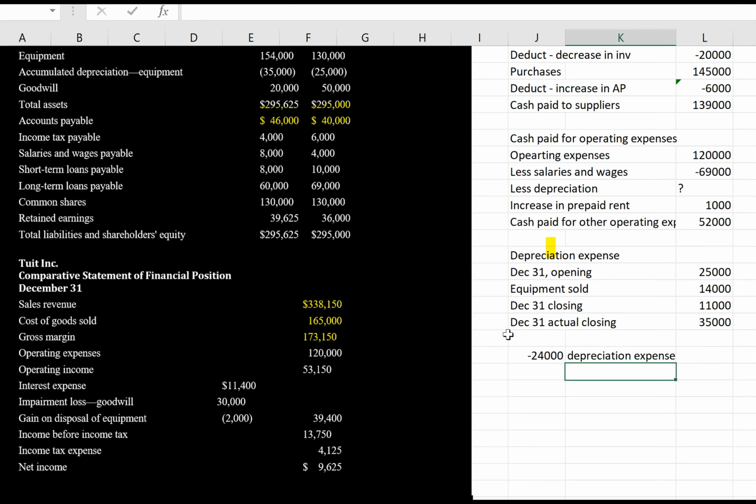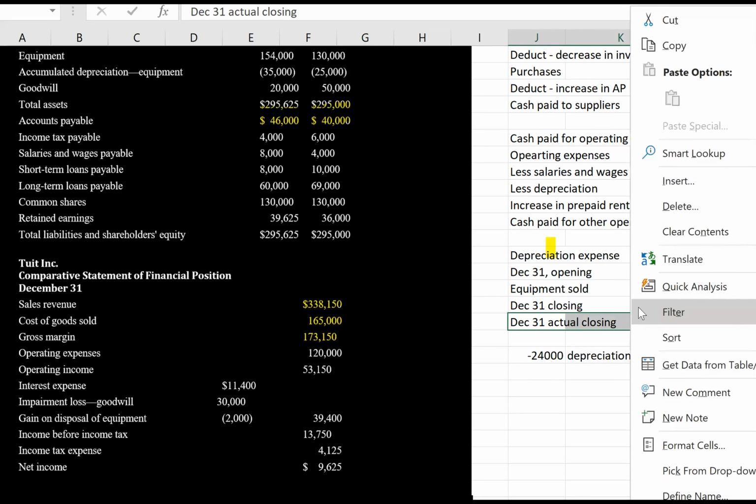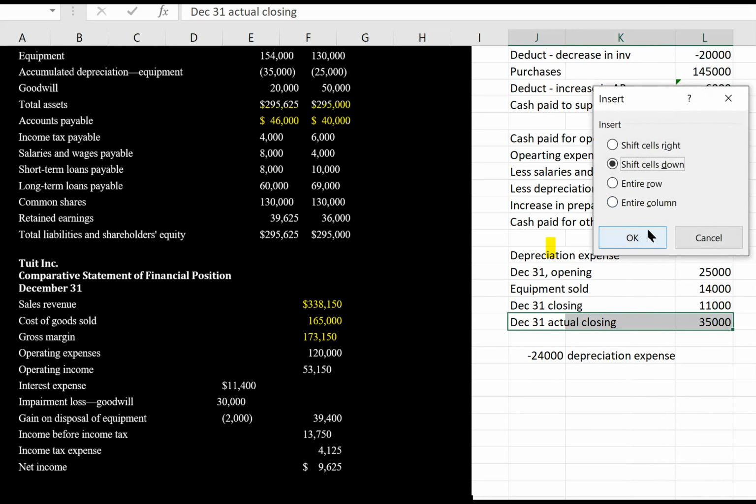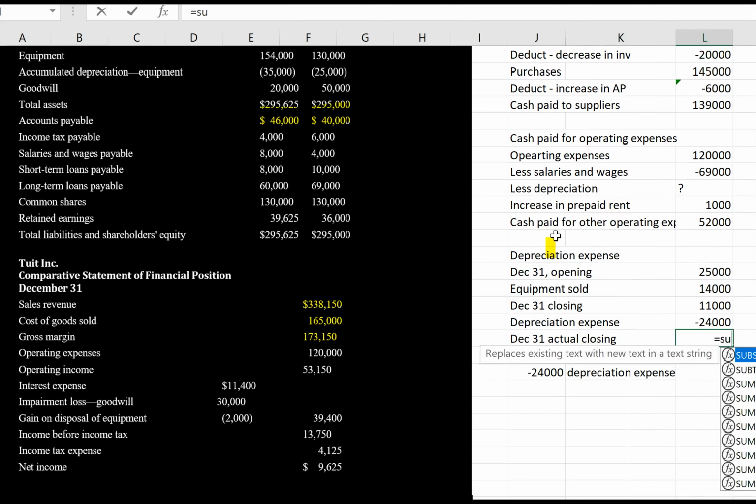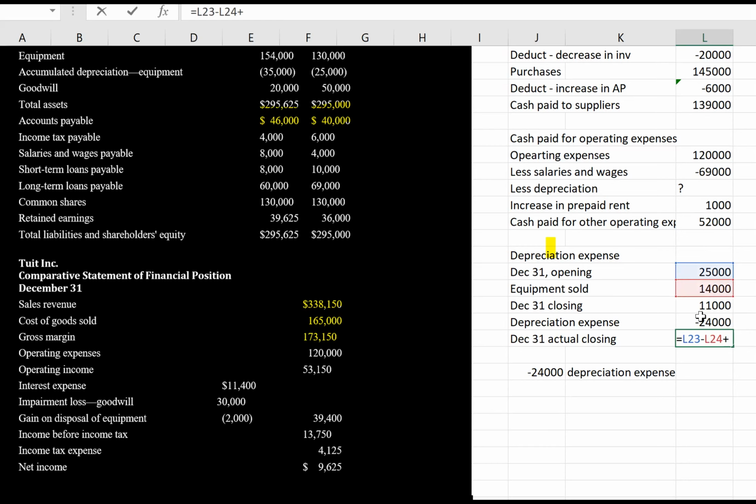The reason that I know that is because if I insert a line in here, this is basically what I'm solving for. So if I insert a line here that says depreciation expense, which I probably should have left a blank spot for, and I put 24,000 in here, and I fix this formula so it's picking up the sum, then it's going to be this minus this plus this, actually plus this.